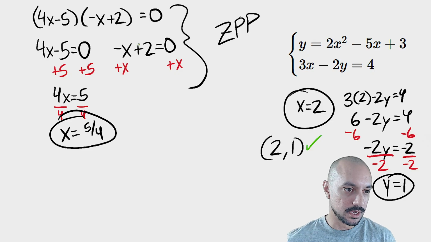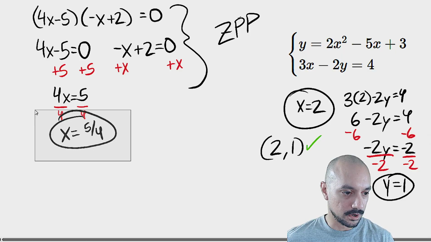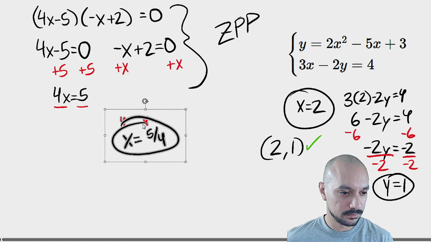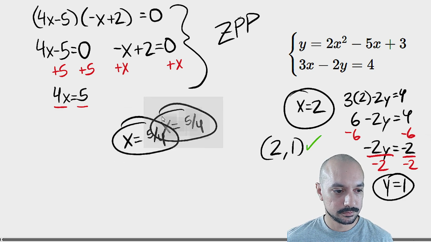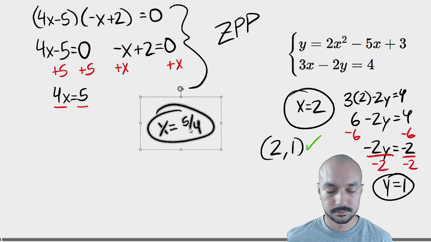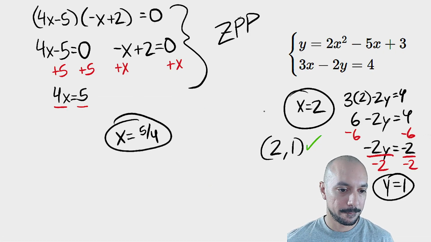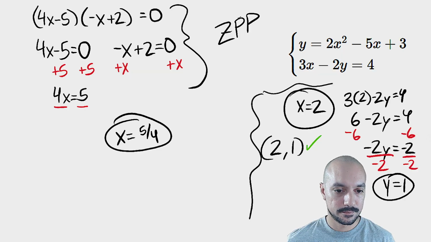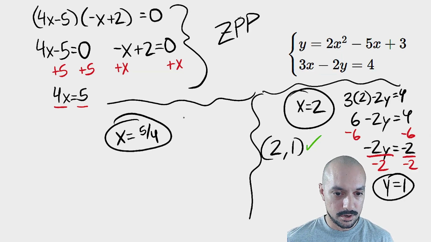Let me go ahead and do the same thing with x equals 5 over 4. So this one has a fraction, but it's okay.